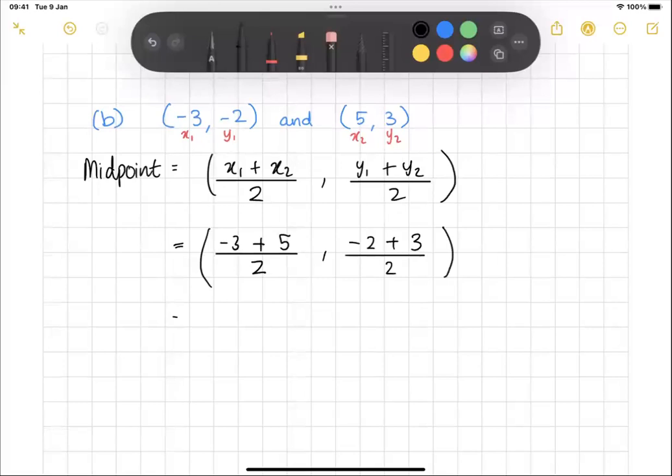Again, if you're not really great with your negatives, just put this into the calculator separately, and you should get -2. So it should be 1, comma, 1.5. That should be your answer.